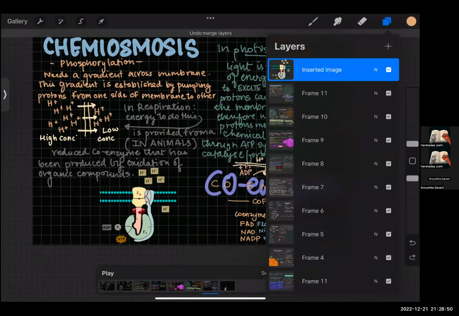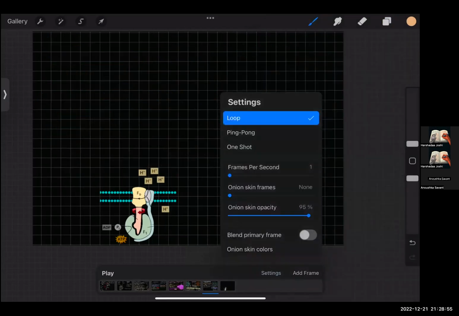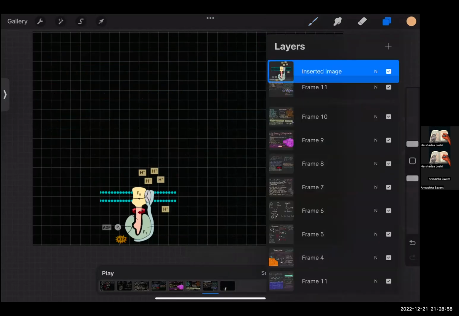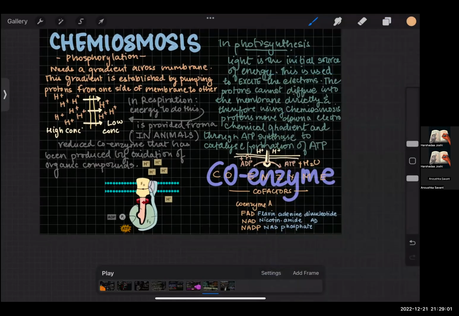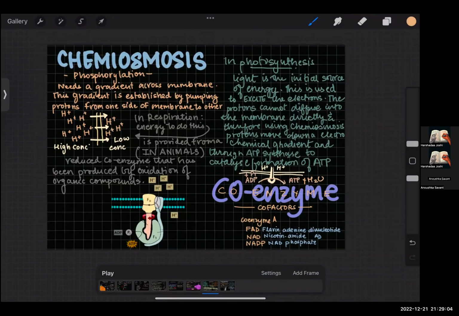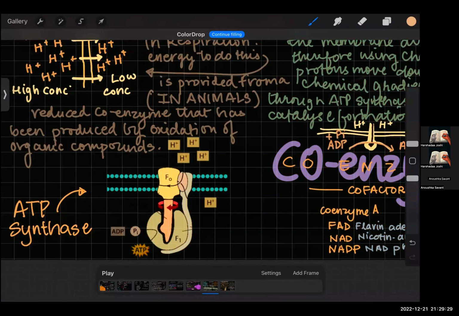This is good. Wait, what did I do? Where did I add this guy? See, this is your proton pump, with ATP synthase beside it. Just give me 1 second, okay? I just need to add it here.